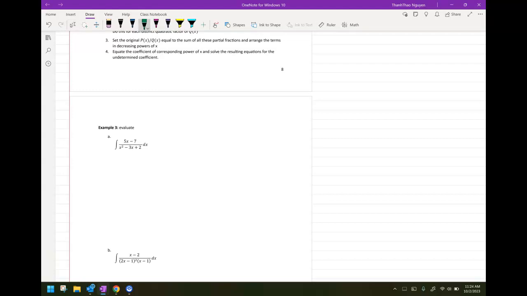We will start by rewriting the rational expression as smaller terms. First factor the denominator, so this is x minus 2 times x minus 1, over which we have 5x minus 7. Note that these are linear factors in the denominator.